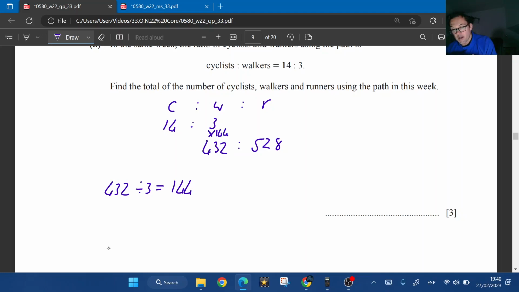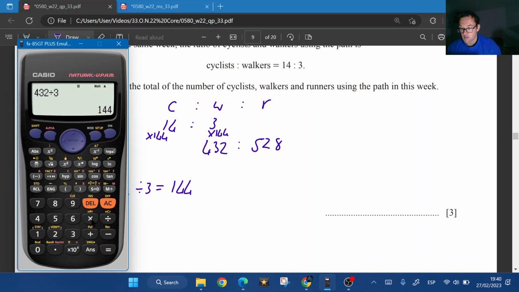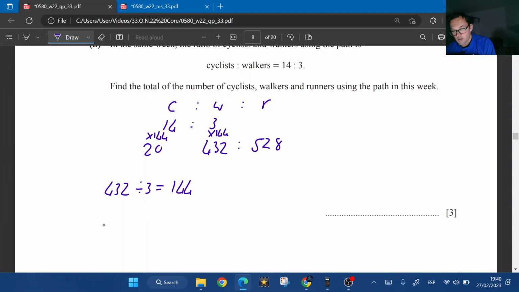Since these are ratios, it's always equivalent, we need to do the same with that 14. Do 14 times 144. And there we go. 2016 cyclists. So now we just need to add that up. 2016 plus 432 plus 528.